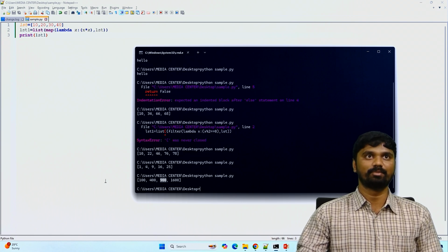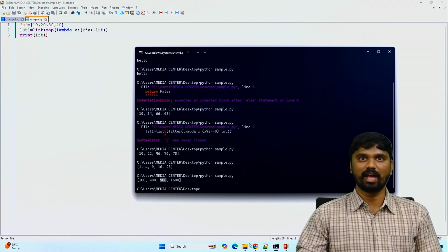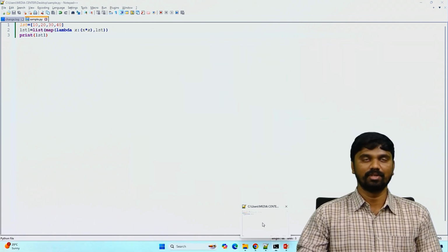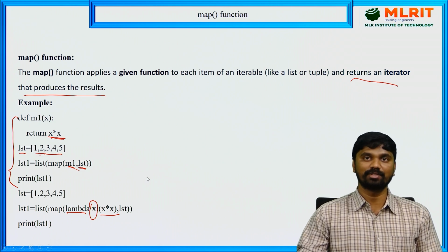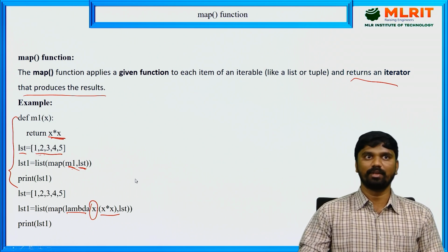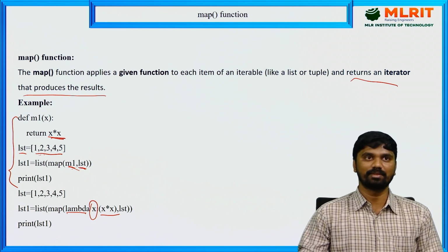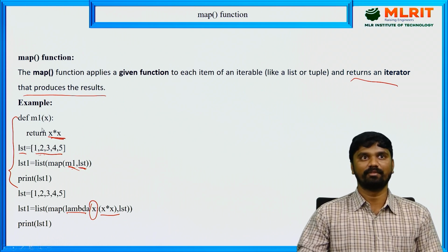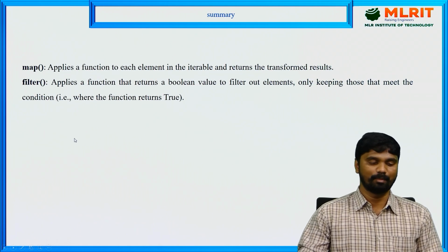So this is about the map function with a lambda function as well as normal functions. The filter function is used for filtering the elements based on the specified logic. Similarly, the map function is used to manipulate the elements based on the specified expression. So that is filter function and map function.